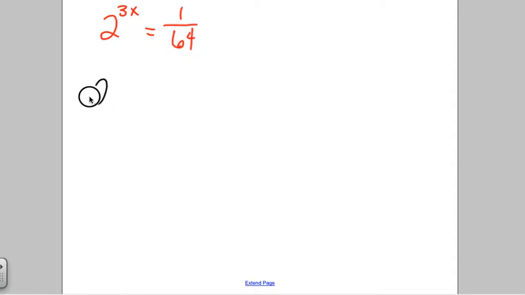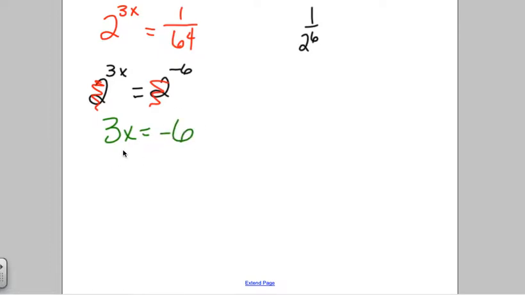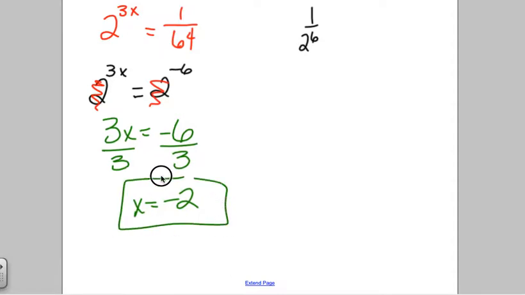Here I have a base 2, so I have 2 to the 3x. But here I have 1 over 2 to the 6th. So that converts to 2 to the negative 6th power. What I do when I have the same base is I just drop those out. So then I have 3x equals negative 6. Divide by 3, so x equals negative 2. And there's my solution.